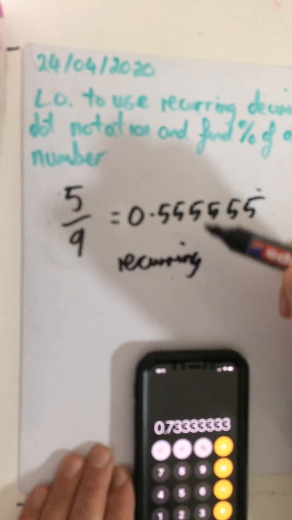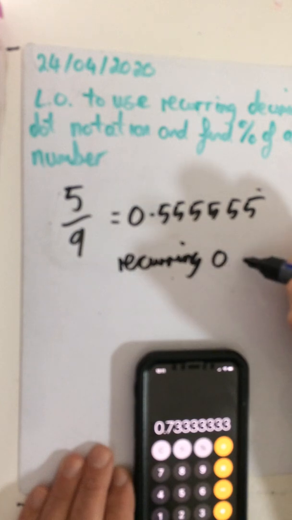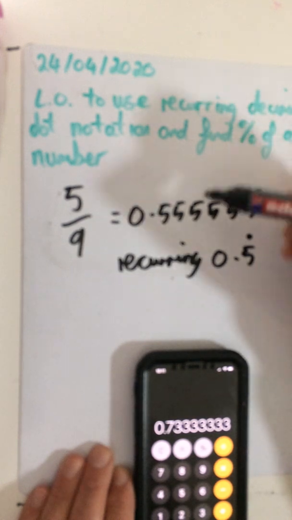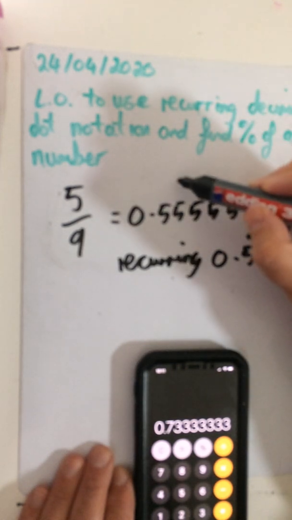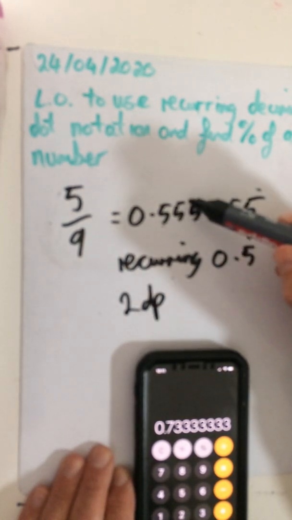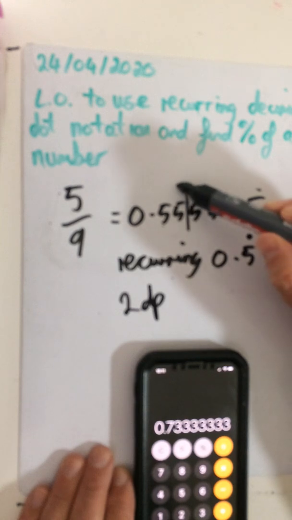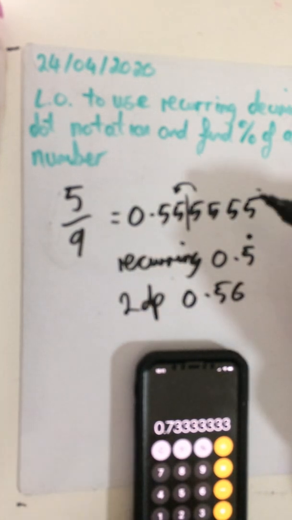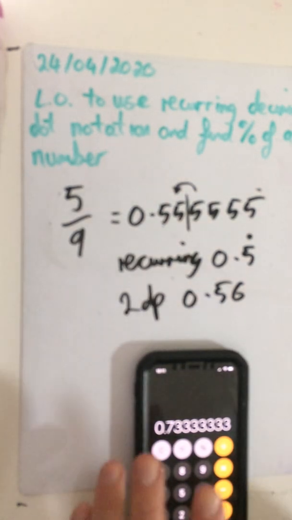If I'm doing it recurring using dot notation, this would be 0.5 with a dot over the 5. If I am rounding to 2 decimal places, I just go 2 numbers off the decimal point. Does the 5 affect the other 5? Yes, 5 and above you round up, so it becomes 0.56. So just be aware, there's one question in this little set of questions where you will have to round to 2 decimal places.